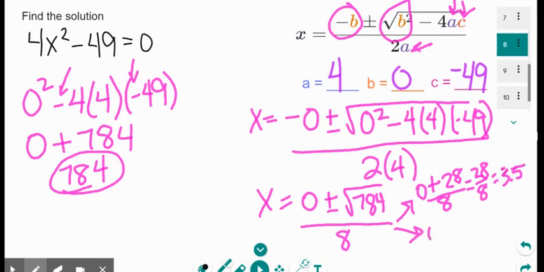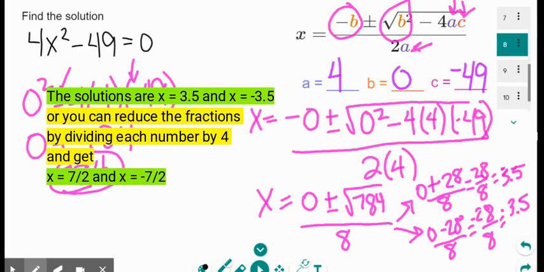And the other one, we have 0 minus 28 over 8, which is negative 28 over 8, and that's negative 3.5. Okay, so our two answers are x equals positive 3.5 and x equals negative 3.5.